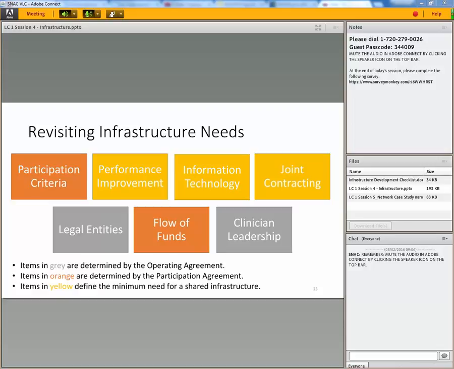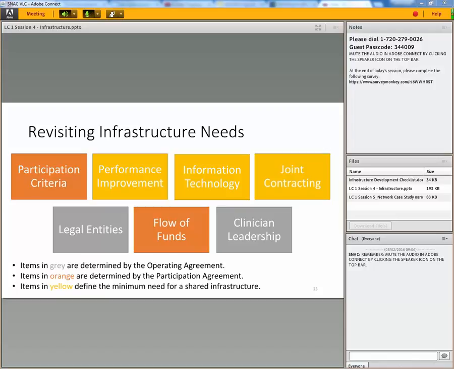Those in the gray are things that typically an organization's operating agreement or bylaws will dictate: what type of legal entity is being used to serve as the network and how clinicians are involved in the leadership of that organization. In orange, really determined by what we would call a participation agreement, which is a clear set of expectations between the network and the participant about what's expected of them and what happens if they're successful.